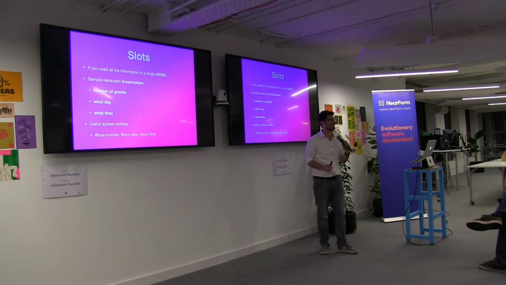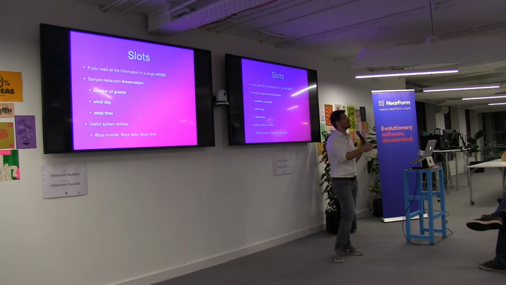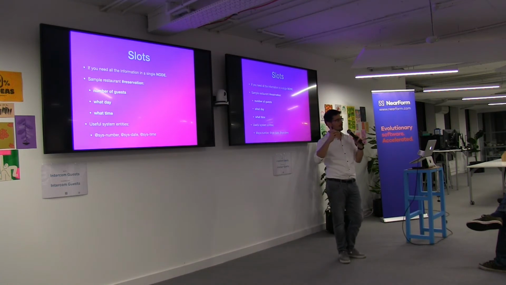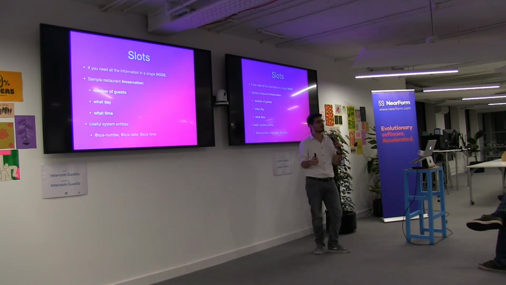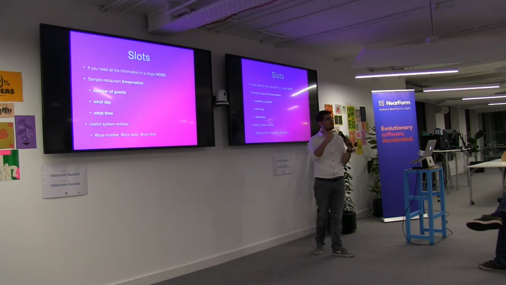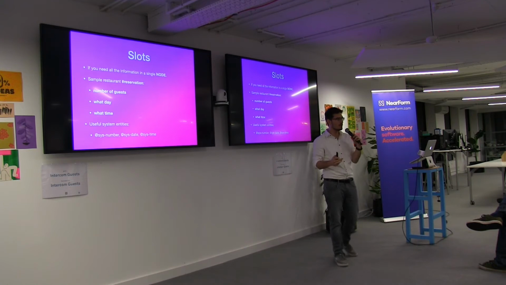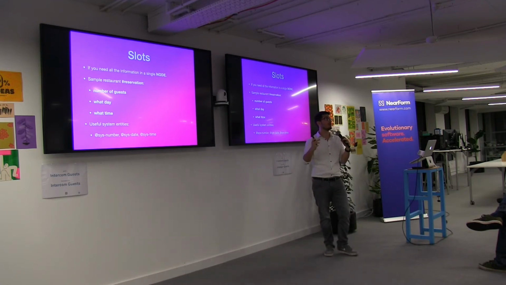Almost there. There's something called slots. Say you're looking for a reservation at a restaurant. So there's your intent. You need 3 types of entities, or 3 pieces of information to put in a context. You can use slots to achieve that.